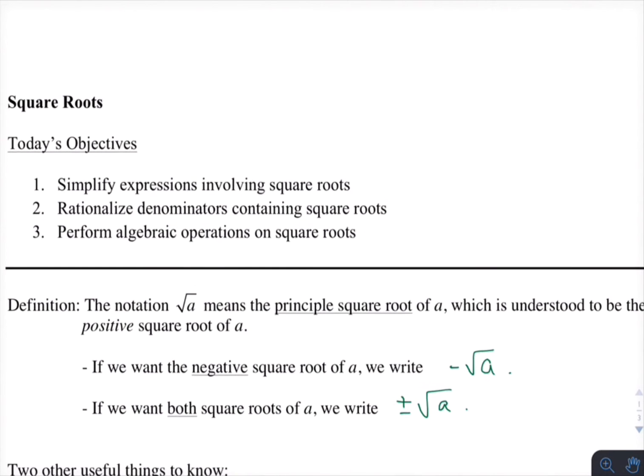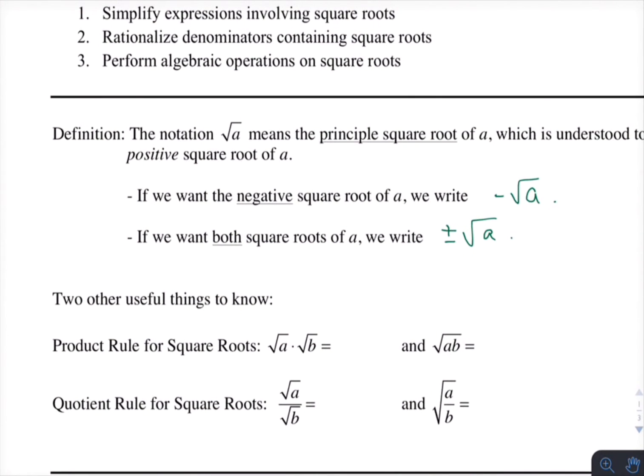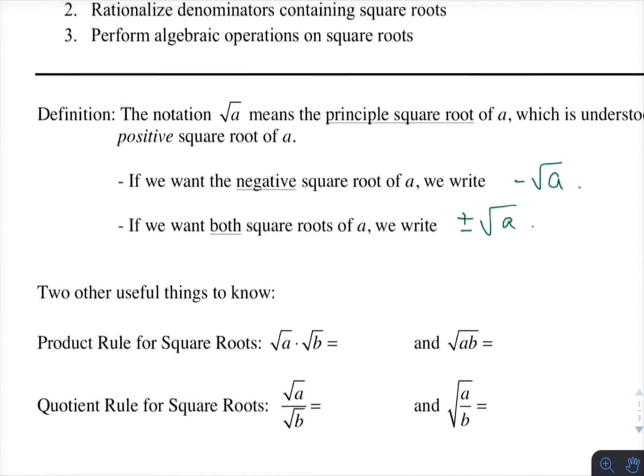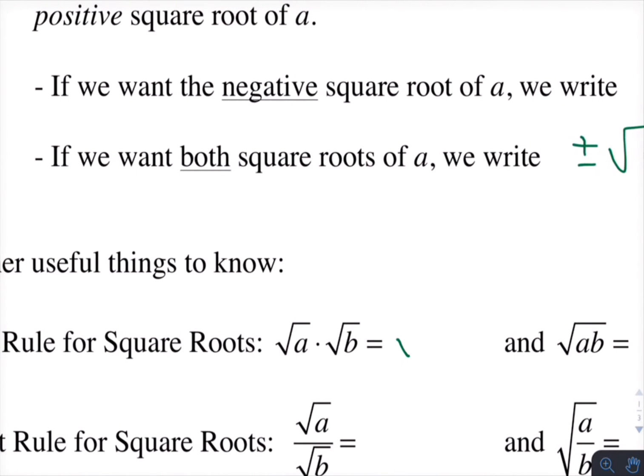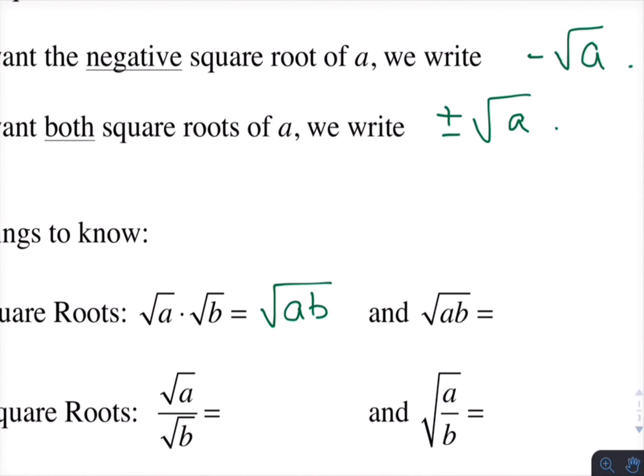Two other things are the product rule and the quotient rule. So if you could pause these and kind of figure out what goes on the other side of the equal sign. Root a times root b would be the root of a times b. And then conversely, if we already have a product inside the root, we could break it into the product of the two roots.